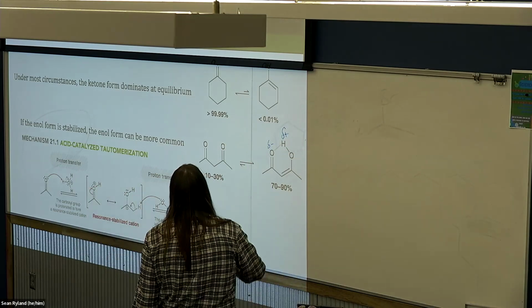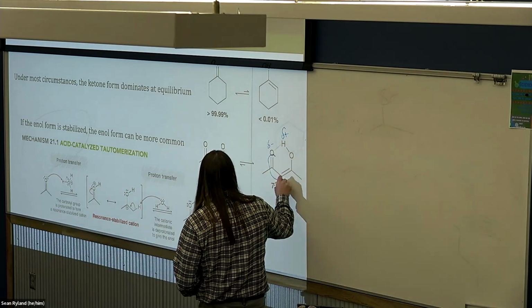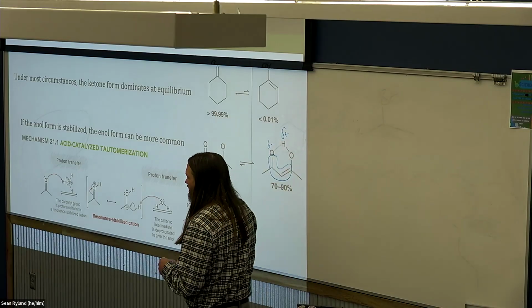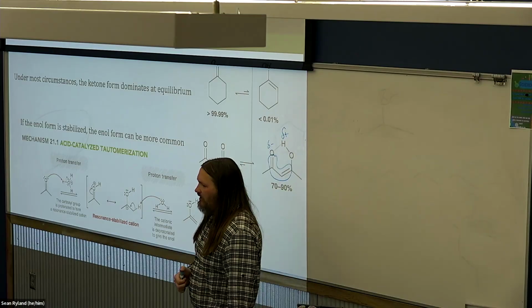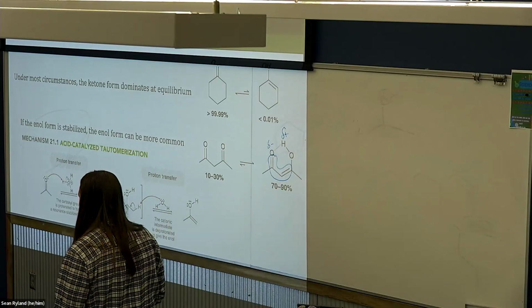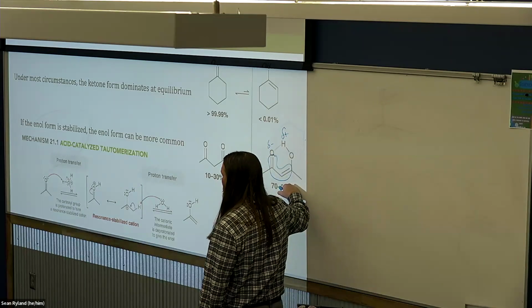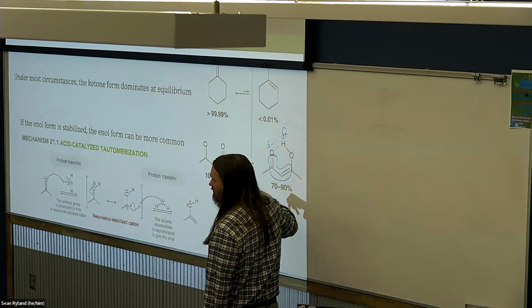And the fact that we make something that has both the resonance stabilization and this partial positive, partial negative intramolecular force, those are both things that are desirable, that are more stable.